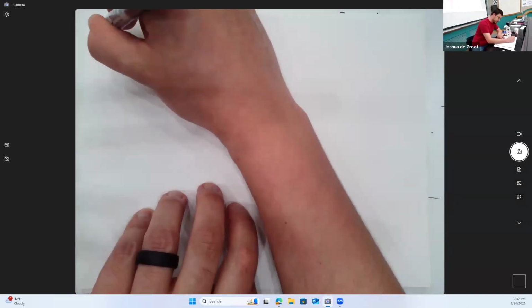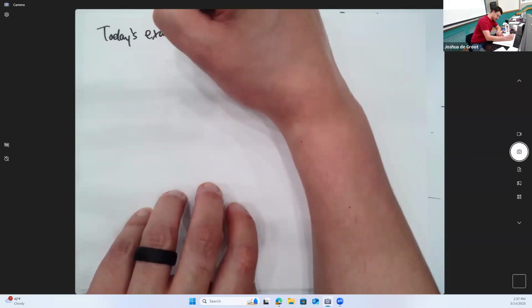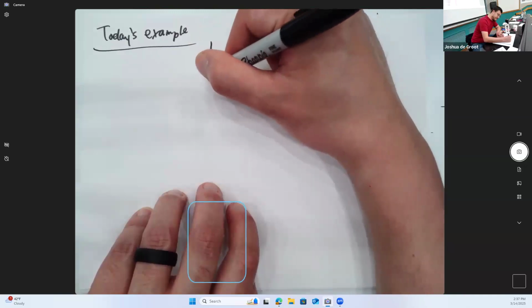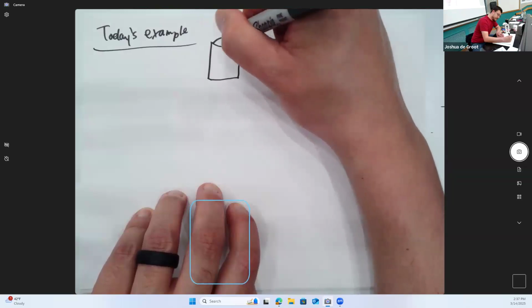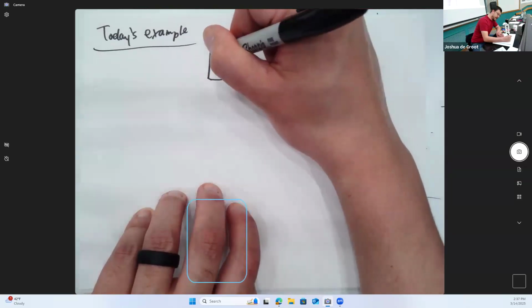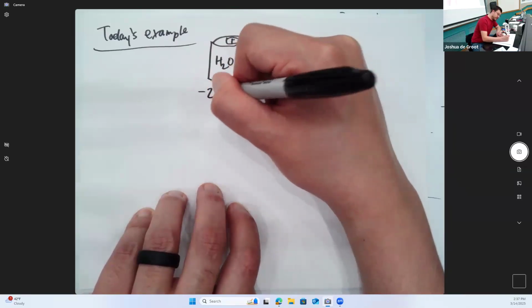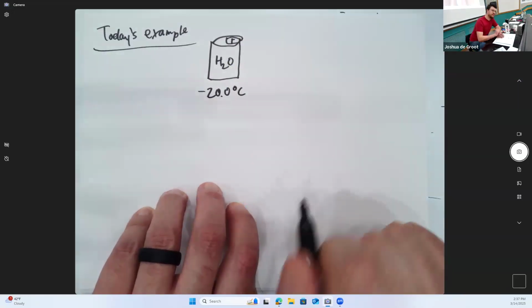Okay. So we're going to pose it as 3 different calculations. So today's example. We have our H2O can. And it's at -20.0 degrees Celsius.